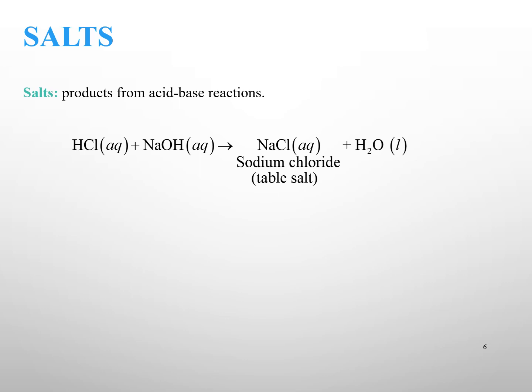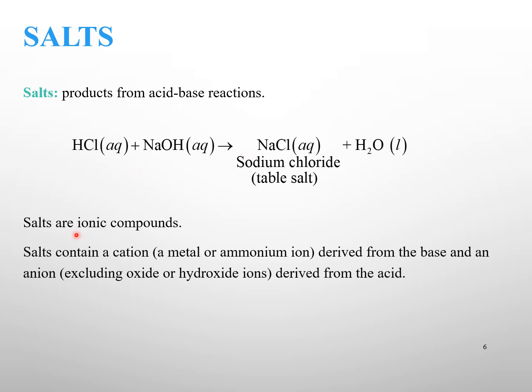So we mentioned some of the reactions produce salt. So what are salts? Salts are products from acid-base reactions after you do the double displacement. So H and OH make the water, and Na and Cl will make the salt right there. Salts are ionic compounds.